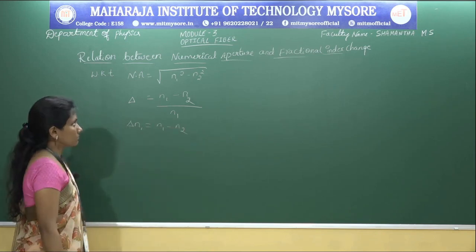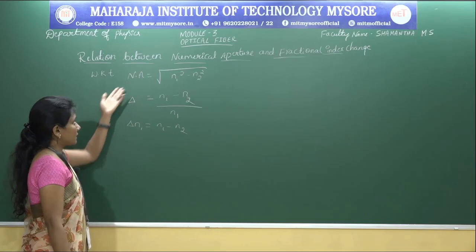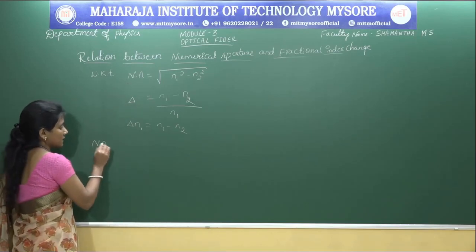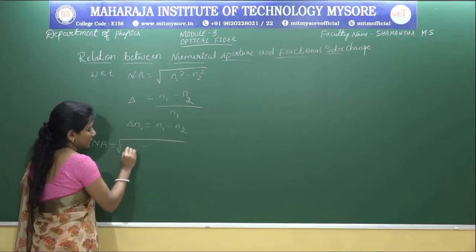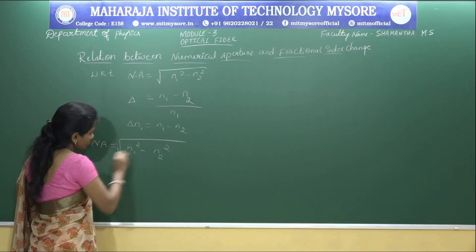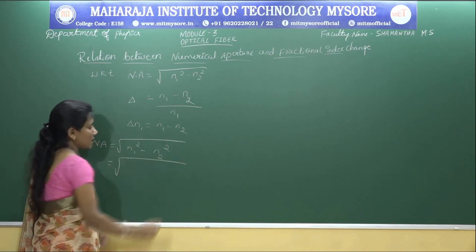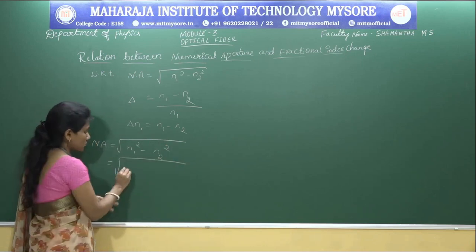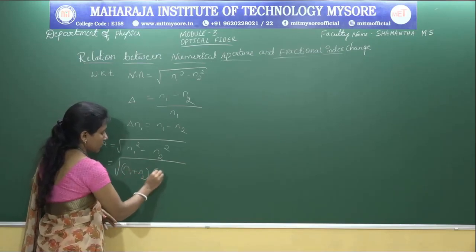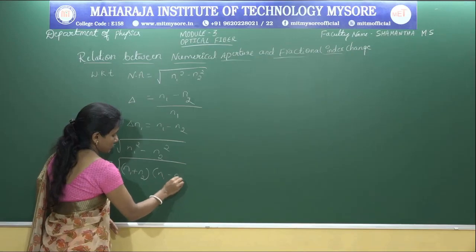Now again take this numerical aperture expression and expand it. We get n1 square minus n2 square, which is in the form of a square minus b square. So we can write it as n1 plus n2 into n1 minus n2.